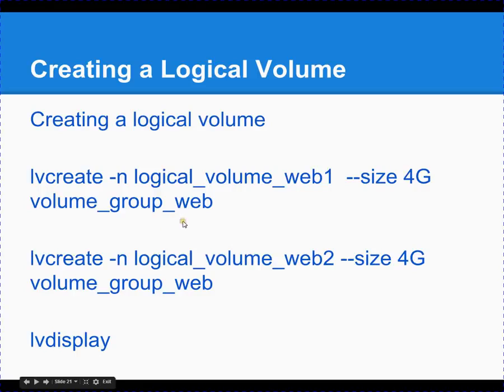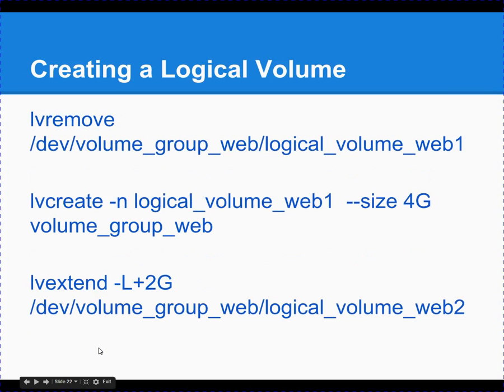At that point, I think I created 2 of them. So there's a web1 and a web2 logical volume. If you want to see all the logical volumes that you have, you can do an lvdisplay.